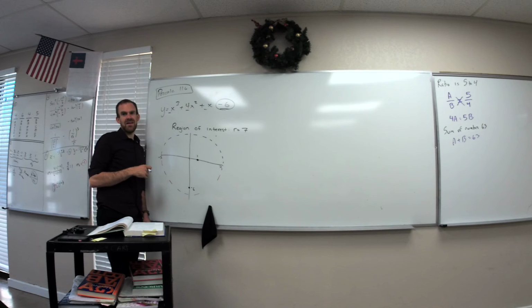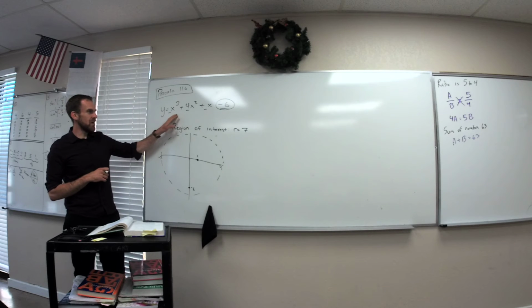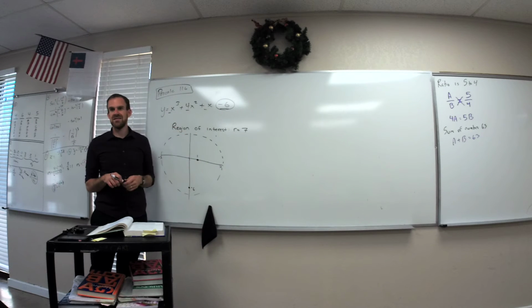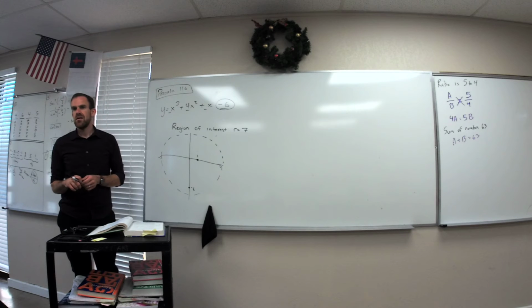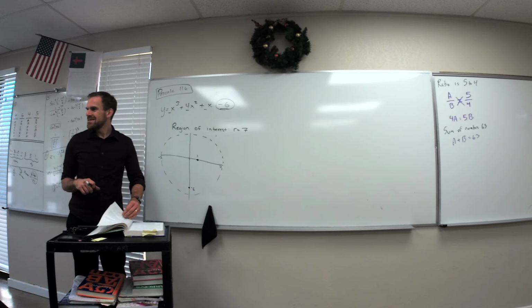You're mid-sneeze. God bless you. What happens when you plug in -1? You have -1 plus 4 minus 1 minus 6. What do you get? I get -4. Is that what you guys get?